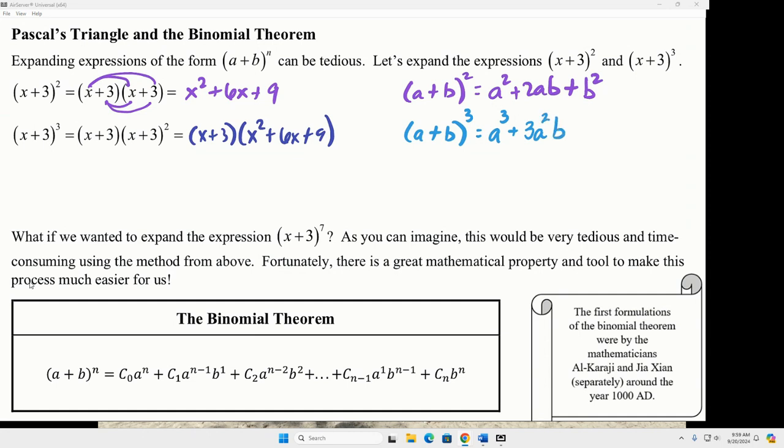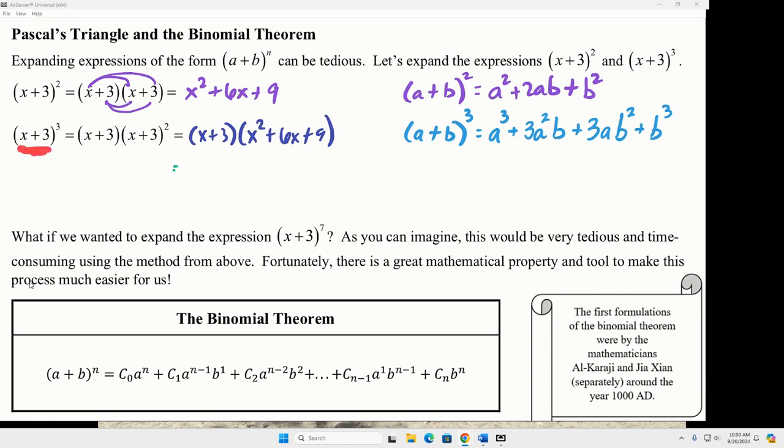And then you're going to multiply that by B. And then we have another 3. The A is going to be raised to the first. And the B is going to be squared. And then we're going to cube B. All right, so let's see what that looks like.